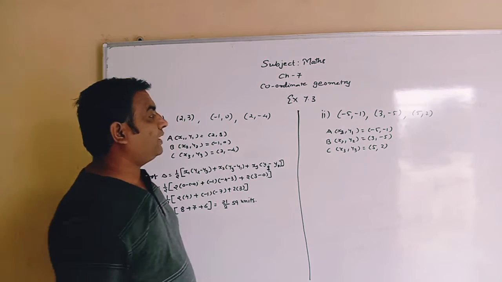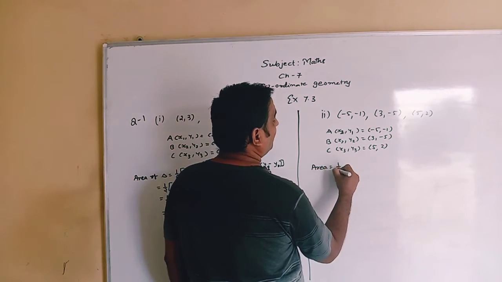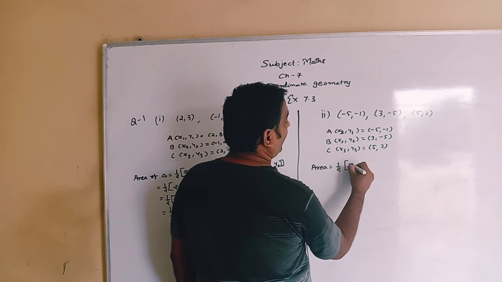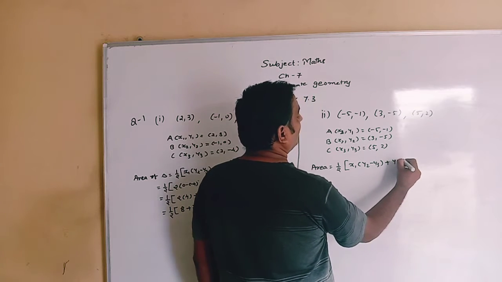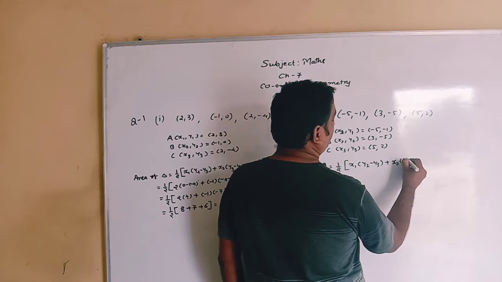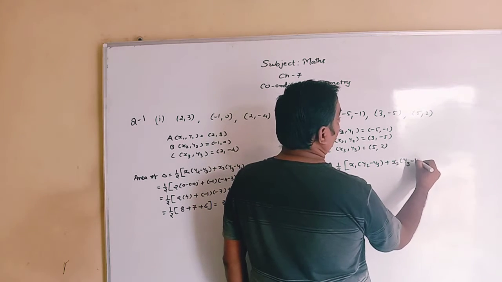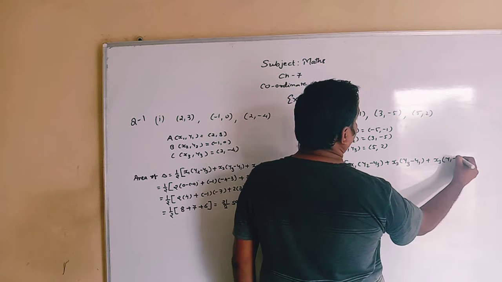So again we find the area. Area equals 1 by 2 [x1 (y2 minus y3) plus x2 (y3 minus y1) plus x3 (y1 minus y2)].